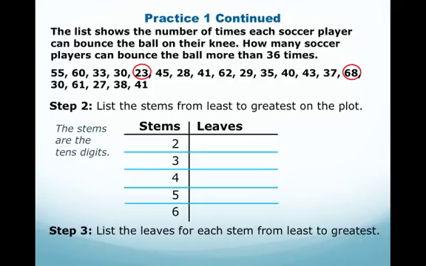Step 3, list the leaves for each stem from least to greatest. And then step 4, add a key and a title. And remember to answer your question, how many soccer players can bounce the ball more than 36 times?